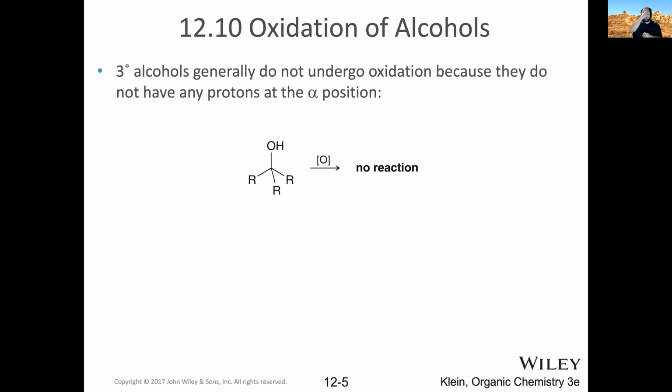And then what we also find is tertiary alcohols undergo no oxidation. I suppose if you really heated it with really strong reagents, maybe you could rip it apart. But really, with most standard alkane type structures, you're not really going to be able to do that.